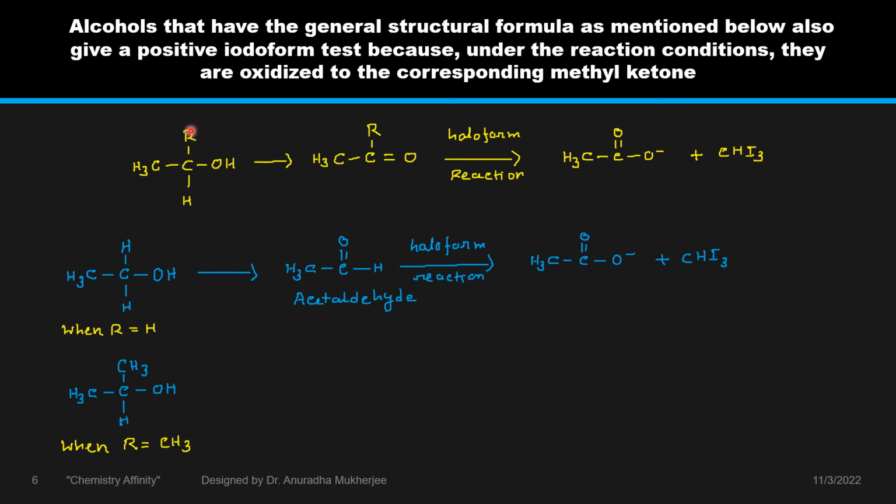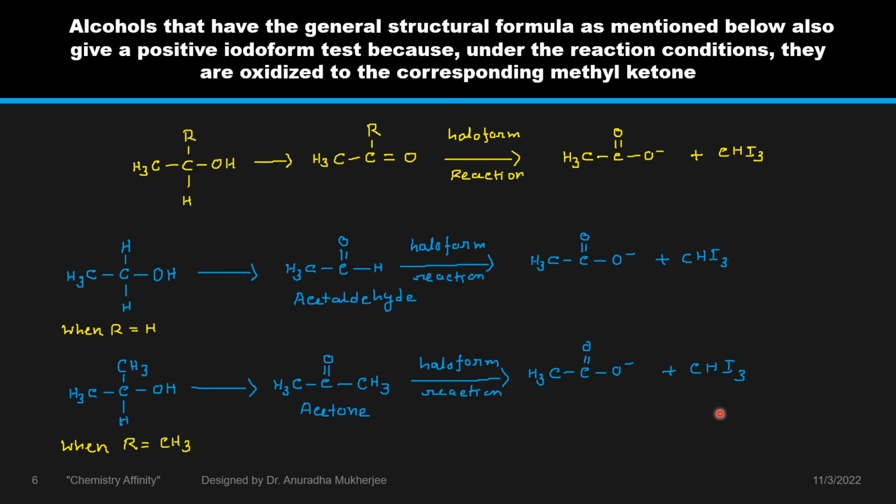Similarly, when R equal to methyl, then it becomes isopropanol. Now in presence of NaOH and iodine, the secondary alcohol is converted to ketone, it has now become acetone. Acetone is also a methyl ketone, and it gives iodoform.